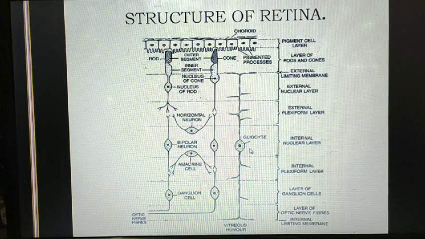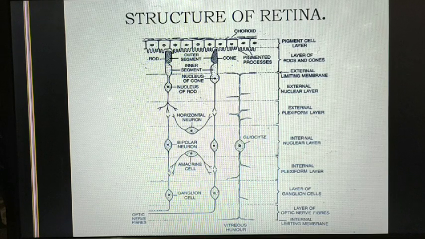So these cells form numerous protoplasmic processes that extend through almost the whole thickness of the retina and form the external limiting membrane and internal limiting membrane.